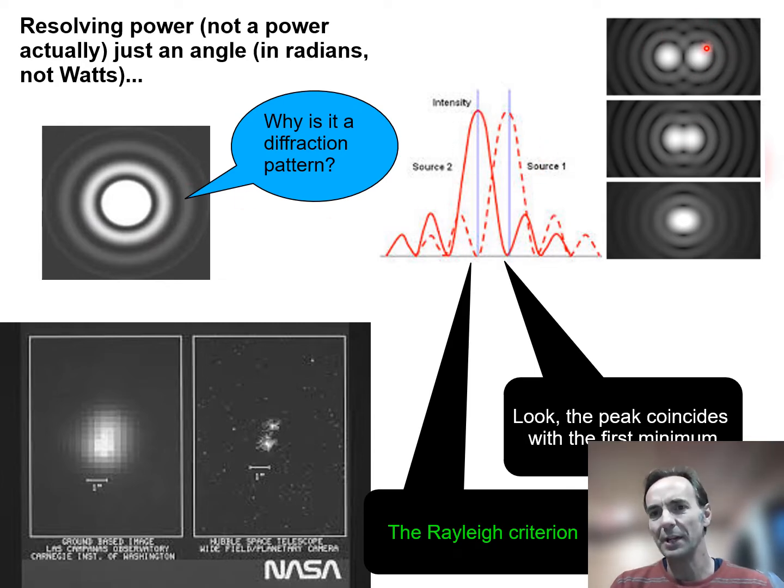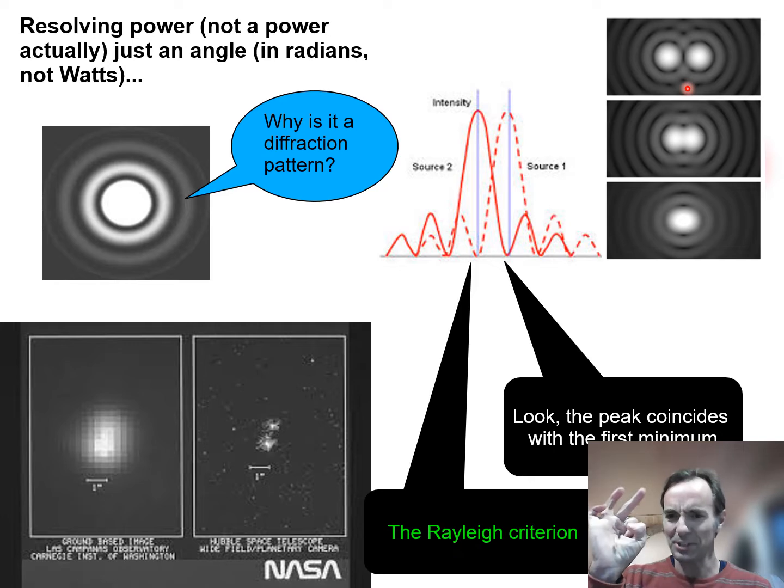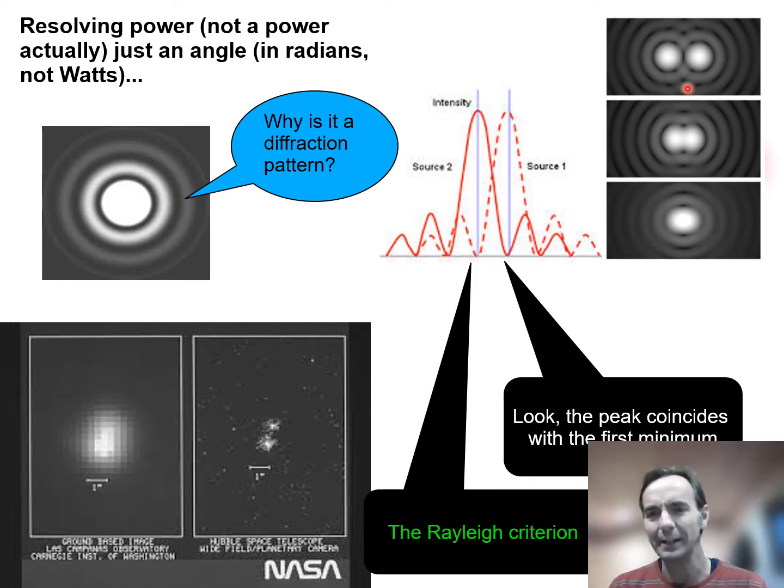If you have 2 objects and you zoomed in on them in your image, you'd see these concentric circles around them. These are 2 single slit diffraction patterns, and it's a single slit mainly because it's a single hole. The telescope is acting like an aperture on the sky, and you're allowing light to come in through that. You can imagine all the light is flooding by, and the telescope is only catching a very small amount of that light.